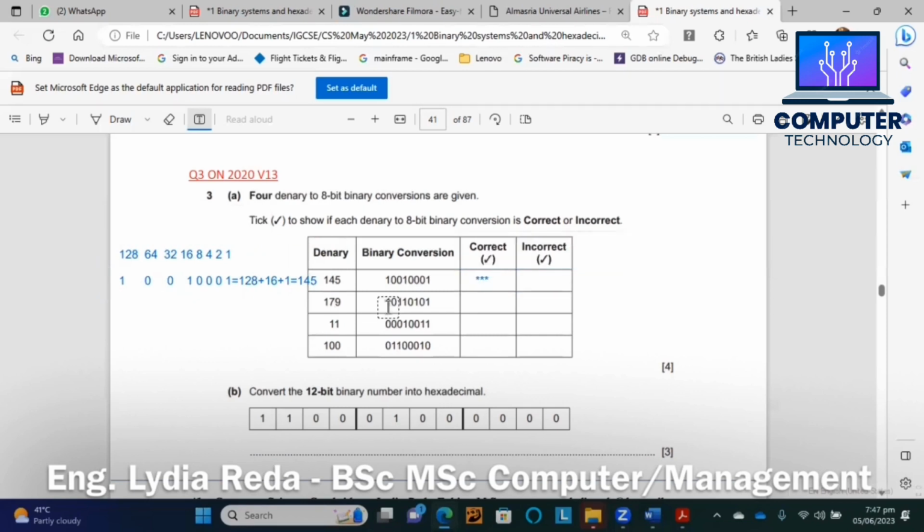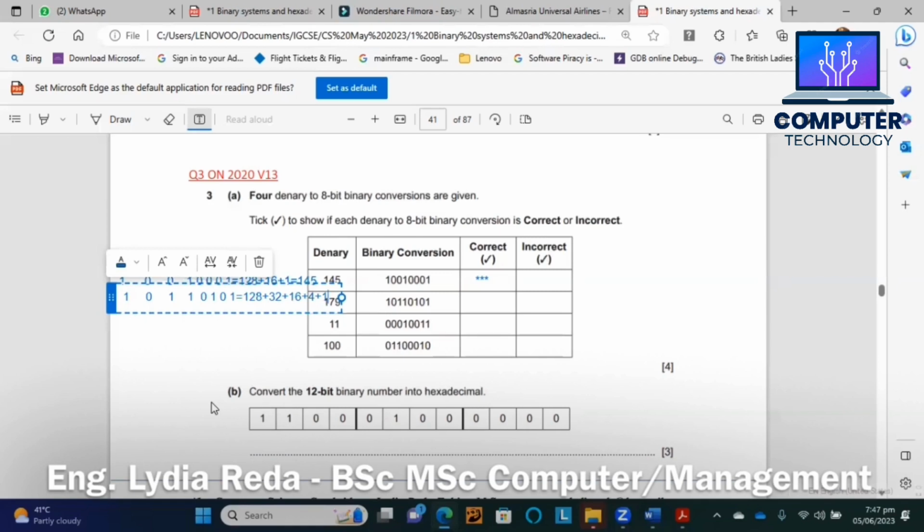Okay. Let's go to the next, the same way. 1, 0, 1, 1, 0, 1, 0, 1. It is 128 plus 32 plus 16 plus 4 plus 1.